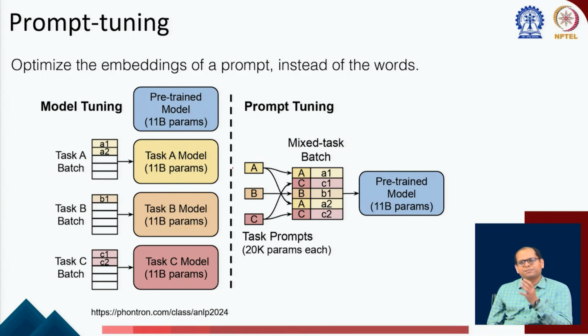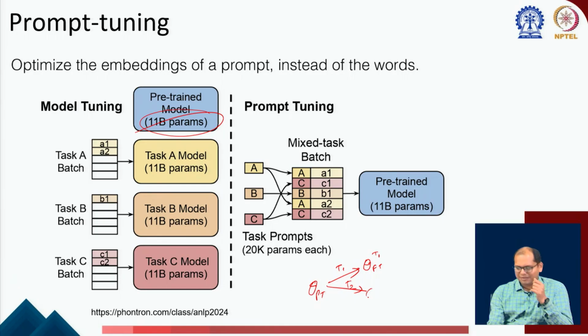Let's say you are fine tuning a model which has 11 billion parameters, and you're fine tuning it for multiple tasks. We start from some pre-trained model, but when you fine tune it for one task, I'll have theta fine tuned for task 1.